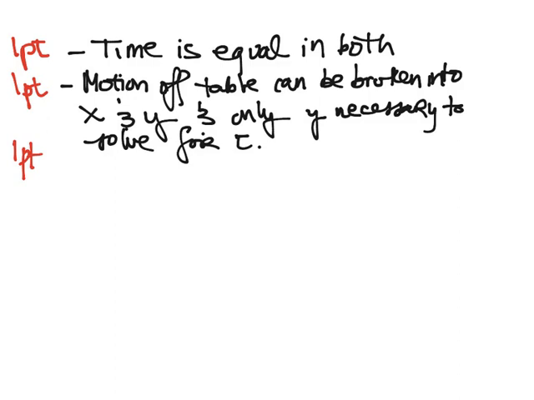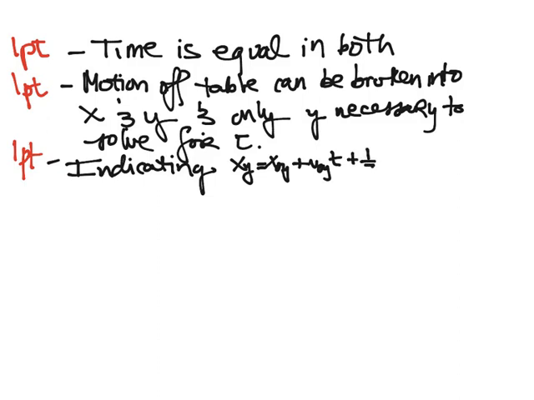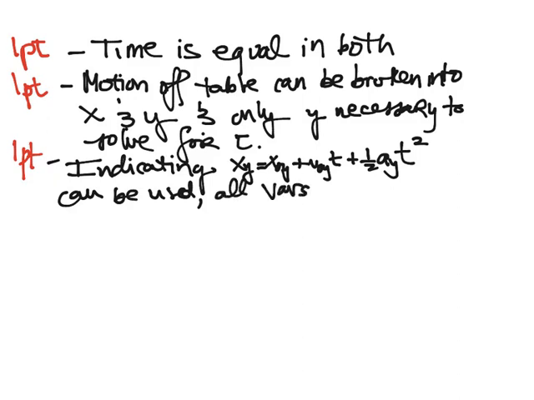One point for indicating that the first kinematics equation, but you have to write it out, xy equals x at y plus v at y t plus 1/2 ay t squared can be used, and that all variables are the same between case 1 and case 2.